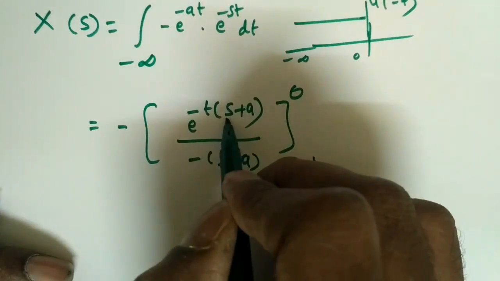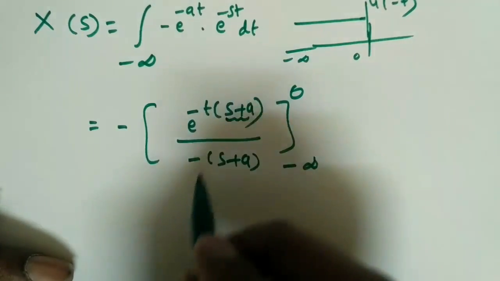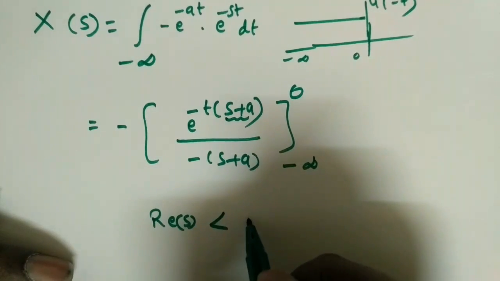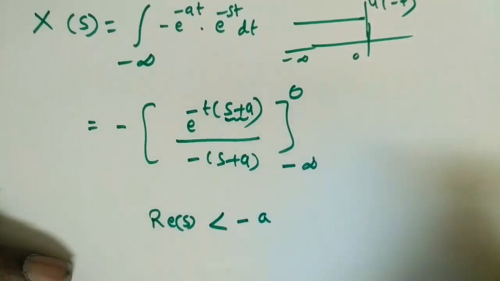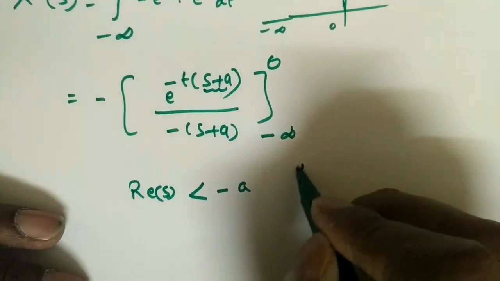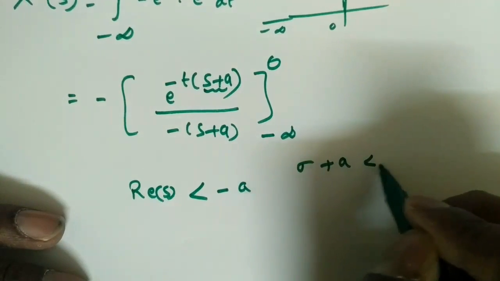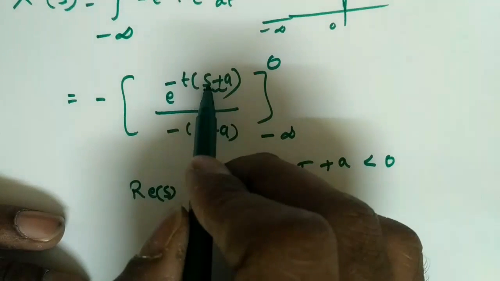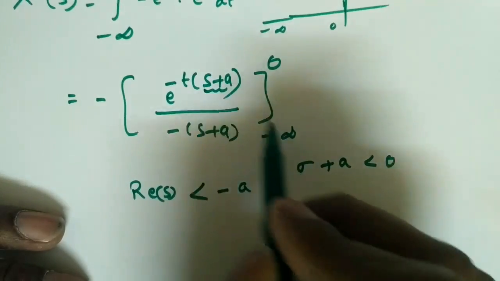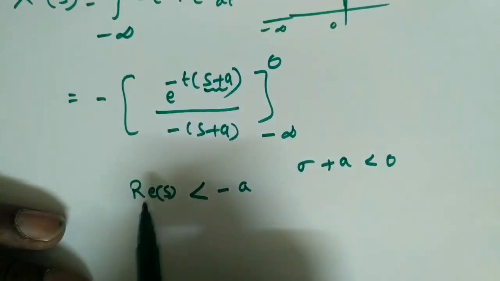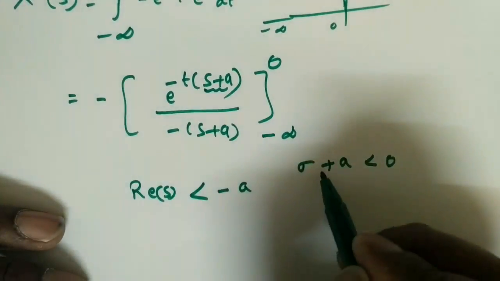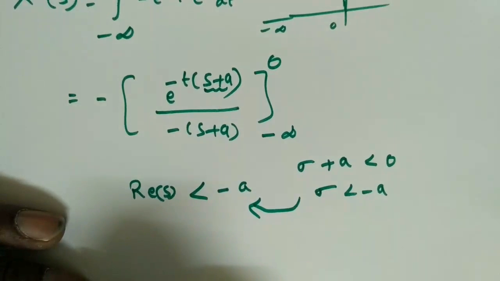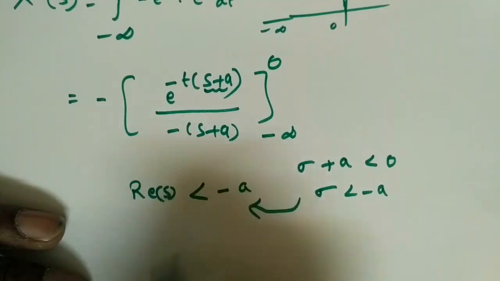Real of s, if it is less than minus a, that is sigma plus a less than 0, right? Less than 0 means minus will be positive. Now if I substitute minus infinity, it becomes e power minus infinity, so it converges. That leads to sigma less than minus a, which leads to real of s less than minus a. So are you getting my point?